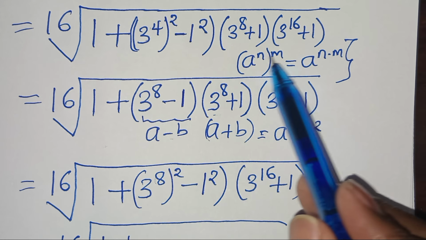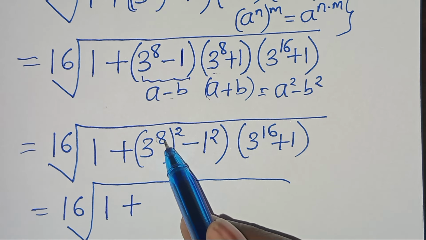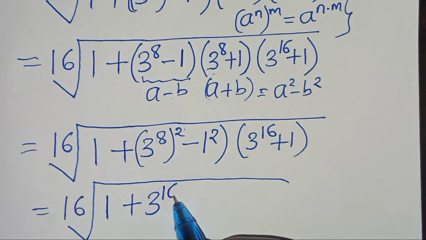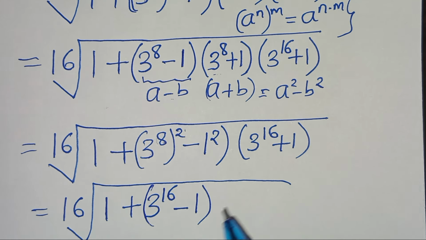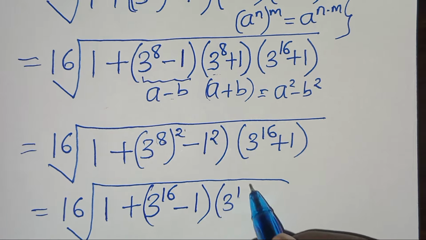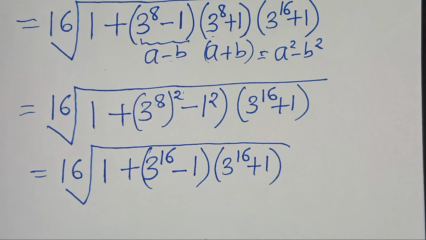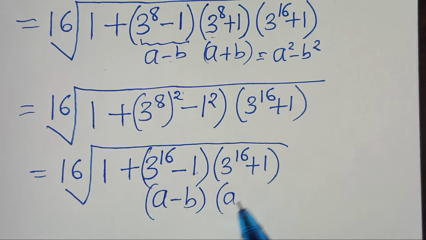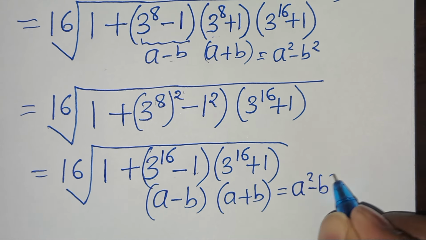Remember, this is in this form, so let's apply this identity, so that now we have 3 to the power of 8 times 2. 8 times 2 is 16, so we have 3 to the power of 16 minus 1 squared, which is 1, then multiplied by 3 to the power of 16 plus 1. Now, this becomes interesting again. This is again in the form of a minus b multiplied by a plus b, which we can establish as a squared minus b to the power of 2.